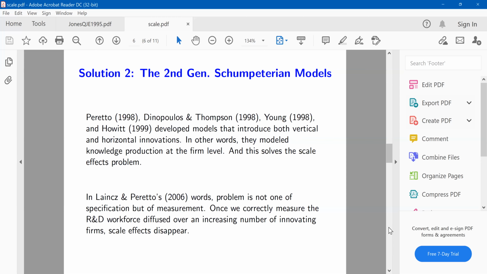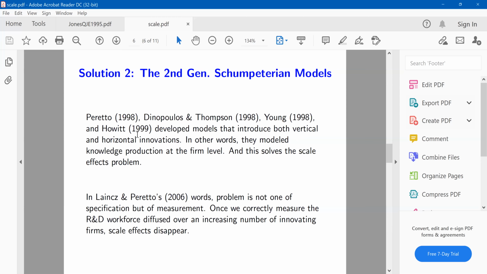In these models developed by Peretto, Young, Howitt, and Dinopoulos and Thompson in the late 90s, they sterilize the scale effect through two types of innovations. There are now vertical innovations and horizontal innovations. So basically, they merge the two mechanisms, right?